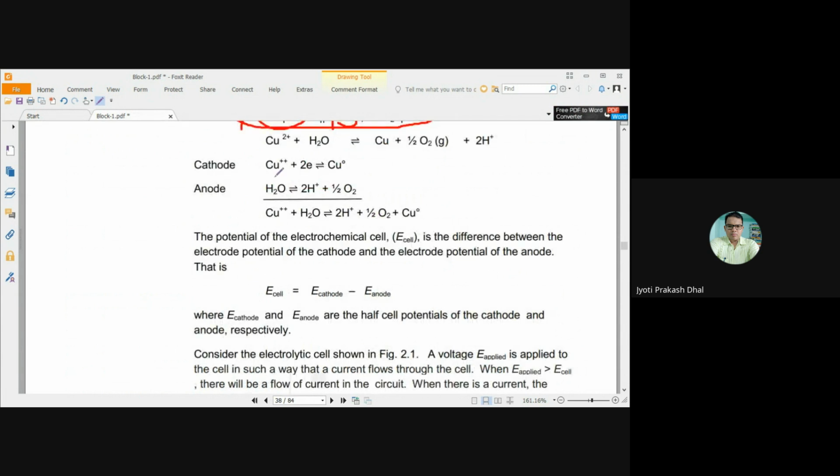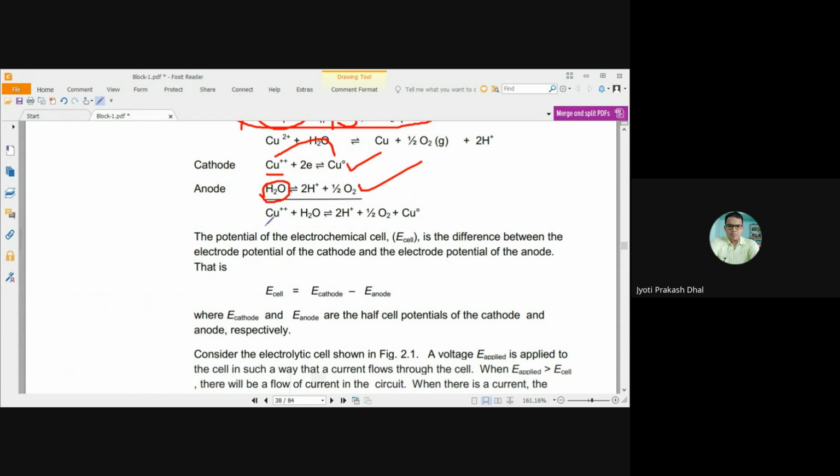At the cathode, copper 2 plus consumes 2 electrons and is converted into copper 0, where metallic copper is deposited on the cathode. Similarly, at the anode, water undergoes oxidation to form oxygen, which is liberated at the anode.